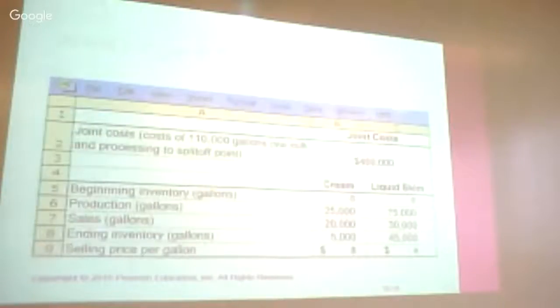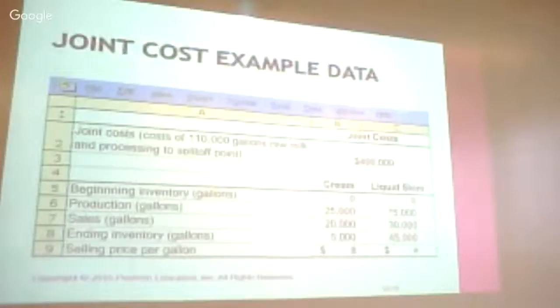So we have 110,000 gallons of raw milk and processing split-off point. The joint cost is $400,000. We have the beginning inventory here of 0. Production in gallons, we have 25,000 and 75,000.